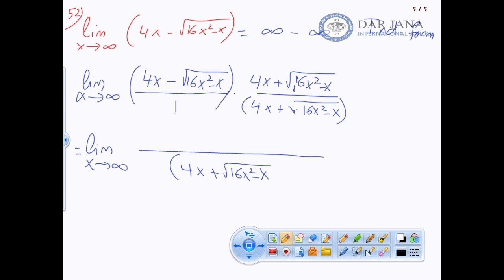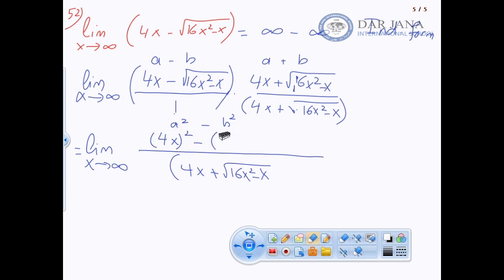For the numerator, it's a minus b times a plus b, which is a squared minus b squared. So 4x squared, which is 16x squared, minus radical squared, which is 16x squared minus x.